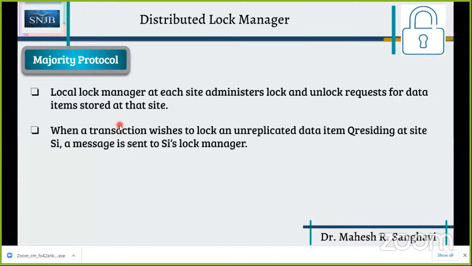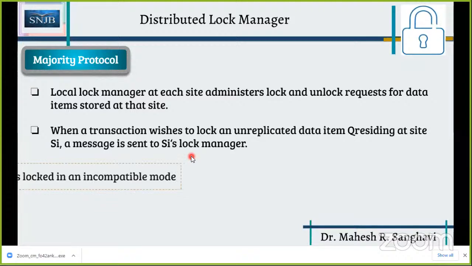Then, when a transaction wishes to lock an unreplicated data item at a site, a message is sent to Si's lock manager. For any data item, we need to check at which particular site its copy is available, and then the request is sent to that particular lock manager.